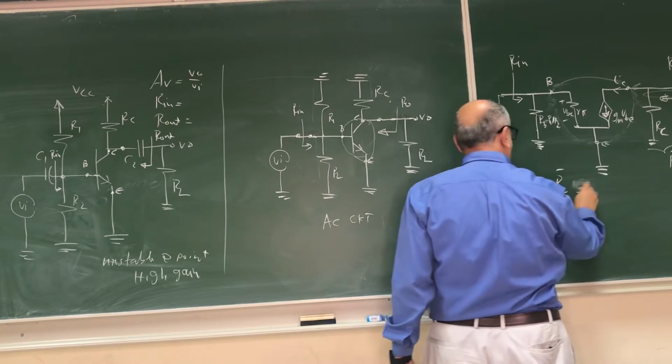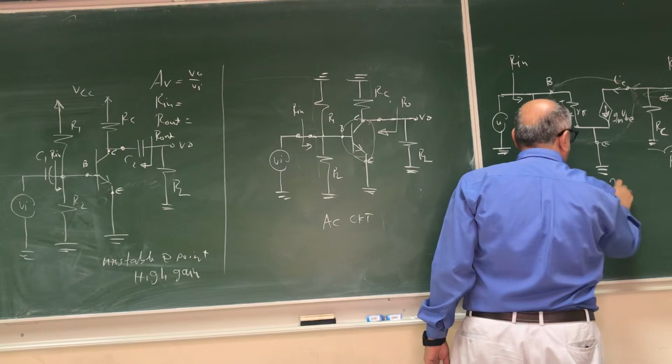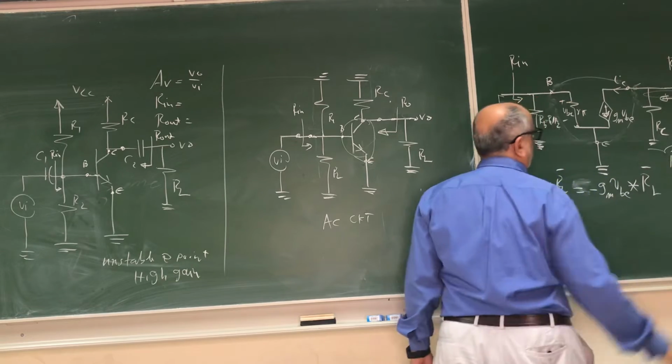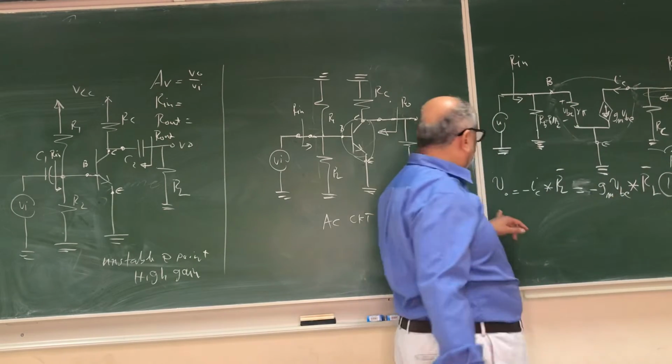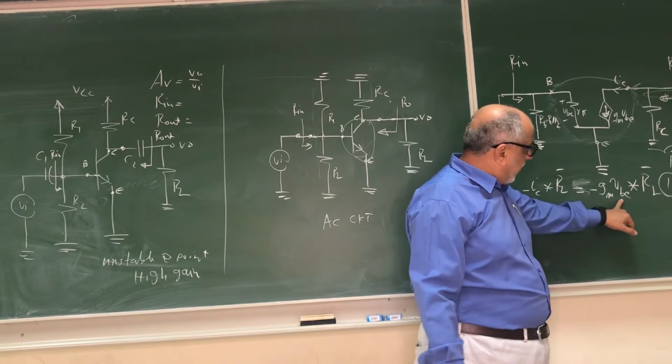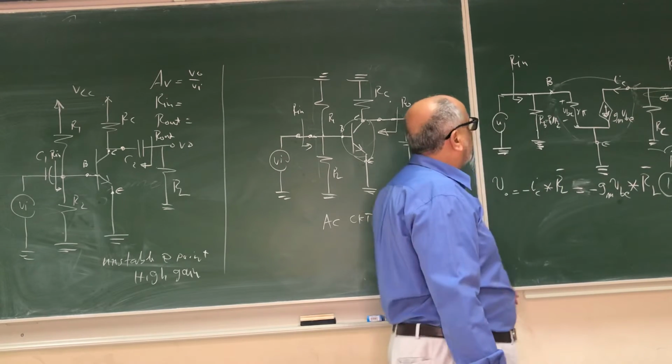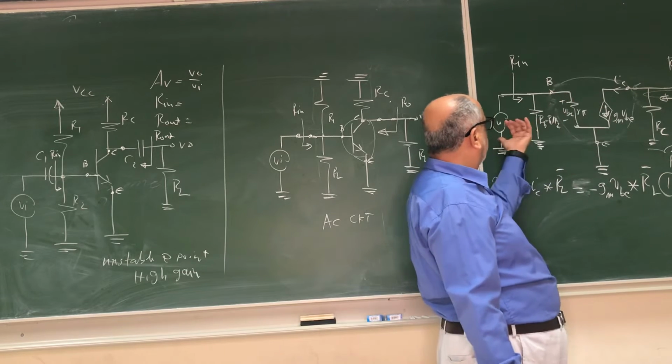So we can say this is equal to minus gm VBE times RL dash. As you can see, we have V out as a function of VBE, but we don't want that. We want V out as a function of Vi. So we have to find the relation between VBE and Vi.